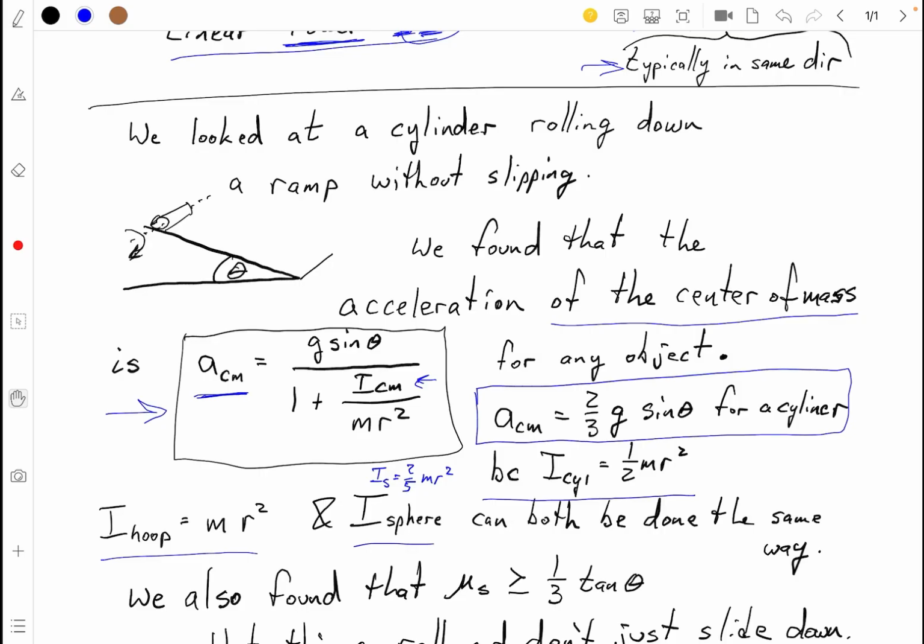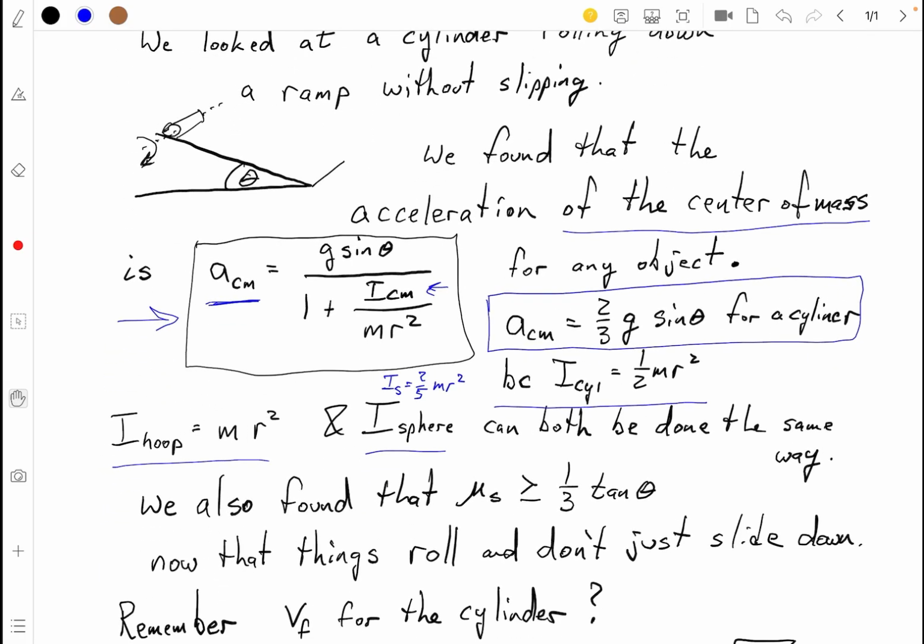Another thing that we did find is that there has to be some kind of friction in the system because it's rolling without slipping, right? And we understand that now, right? We know that if you slam on your brakes on the ice, your tires will skid. You are now doing mu kinetic.